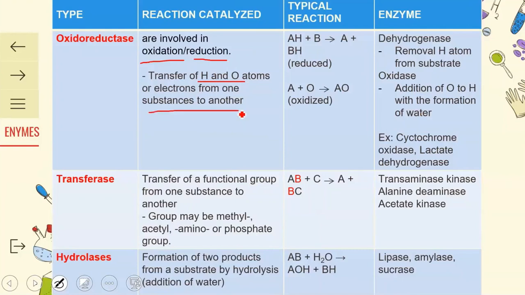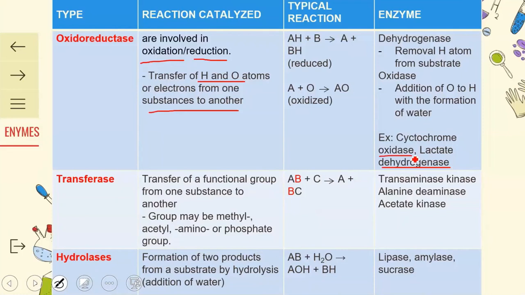Examples of these enzymes are cytochrome oxidase and lactate dehydrogenase. The name dehydrogenase represents a reduction reaction, and oxidase represents a reaction involving oxidation.